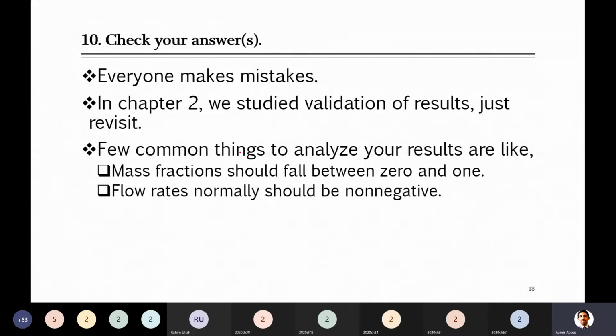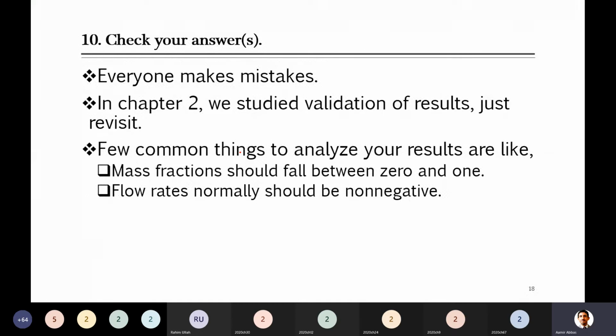So for example, there were 3 components and you find the mass fraction of one component, that should stay between 0 and 1. It should not be higher than 1. If it is higher than 1, that means it is wrong. And if it is exactly 1, it means the other components are 0. So you have to look at those things to see that they make sense.